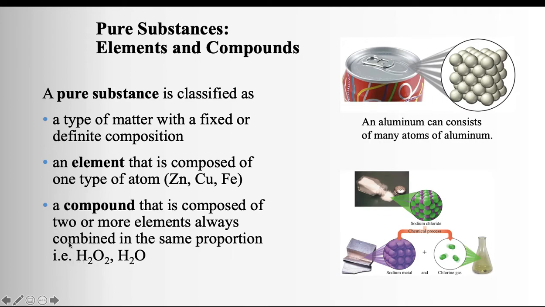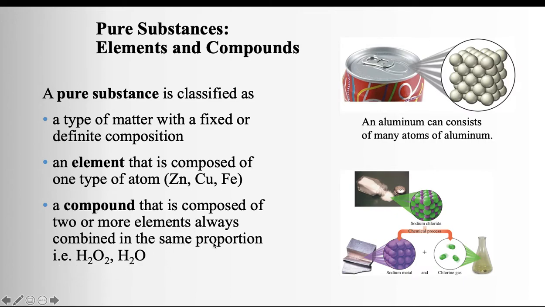This is water, this is hydrogen peroxide. They are made of the same elements, but they're in different proportions, and that makes them different compounds. They have different physical characteristics and chemical characteristics, and so they are different compounds.